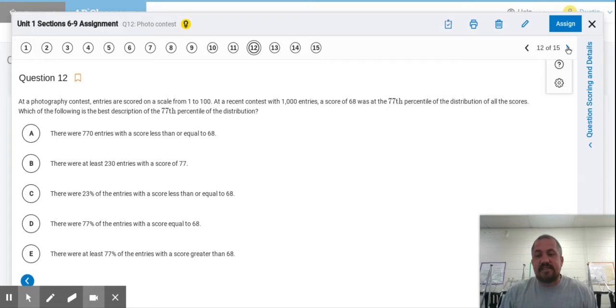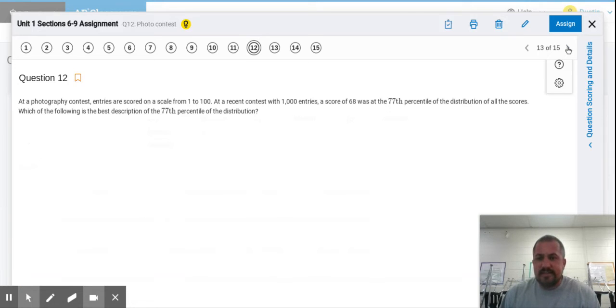A percentile means you've scored more than that many people. So if I'm at the 90th percentile, I've scored higher than 90% of people. So you want to make sure that you find the answer that works for that.